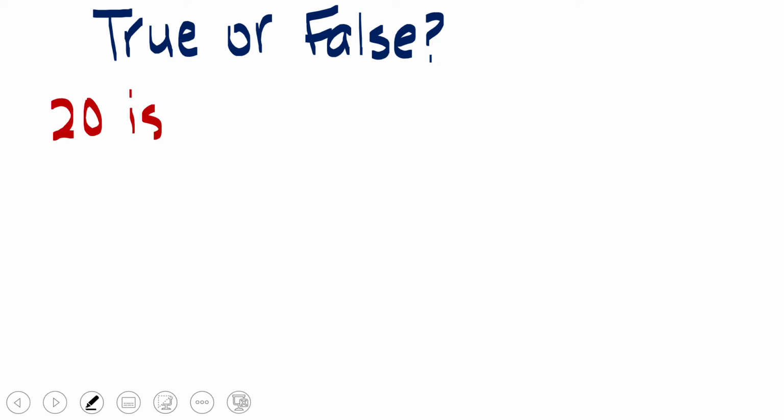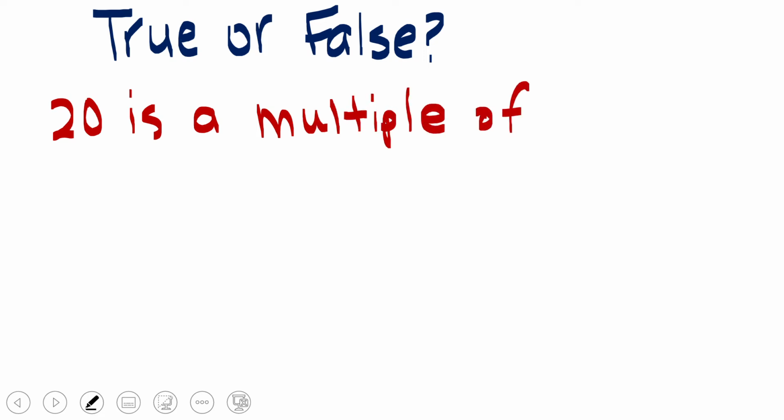So in answering these types of questions, what if we had true or false? The first one, 20 is a multiple of 4.